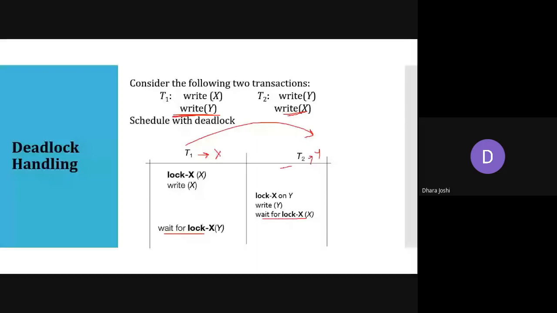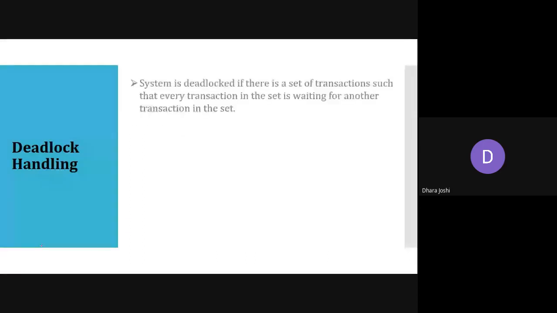So it creates a cycle, meaning both are dependent on each other. They are not going to execute normally, which means it is a deadlock. A system is deadlocked if there is a set of transactions such that every transaction in the set is waiting for another transaction in the set.